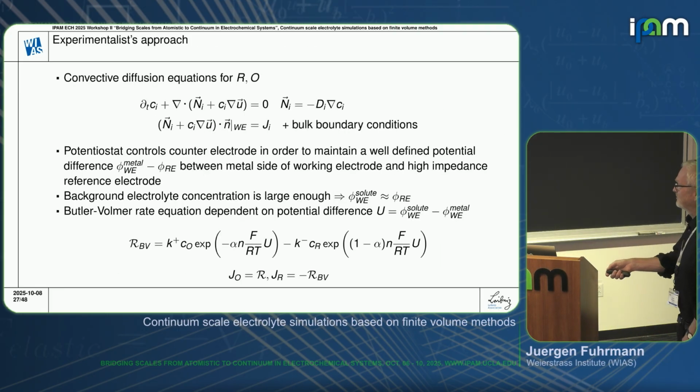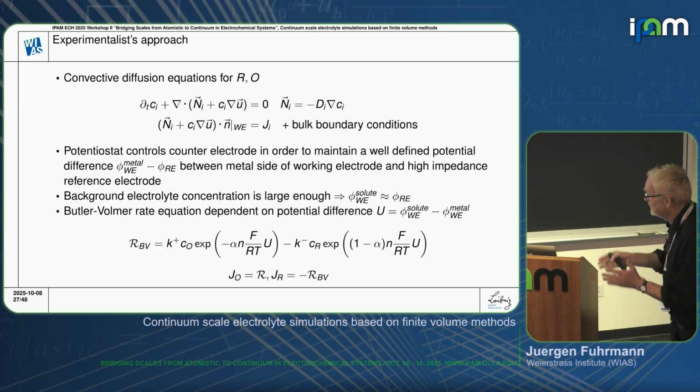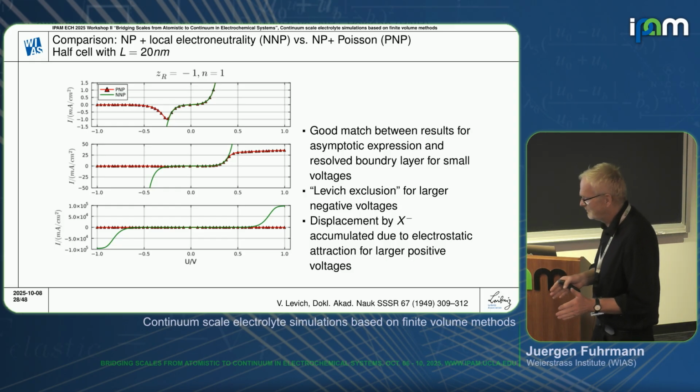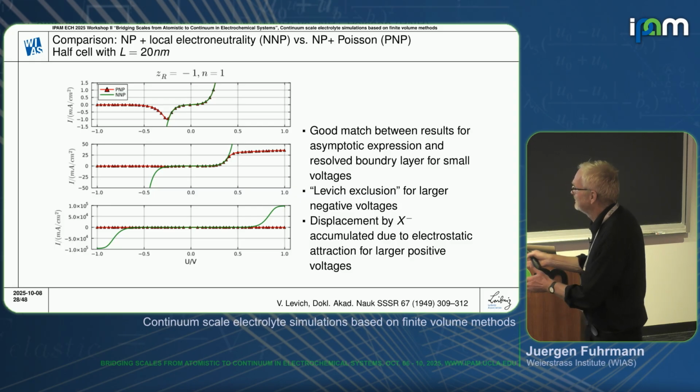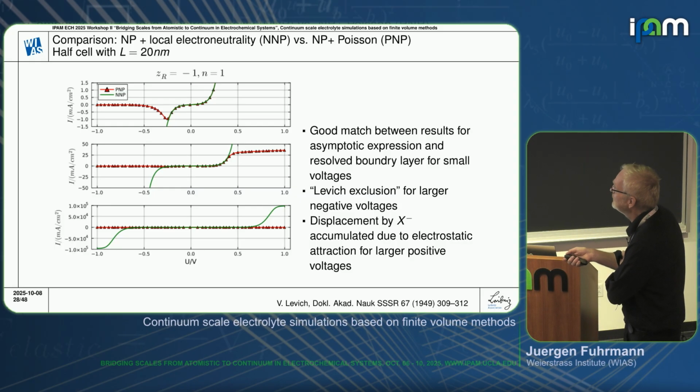Yeah, and then we get this Butler-Volmer rate equation, and this is the way we can make the link to electrochemical experimentation. So what I did is I tried out how this asymptotic transition from the double layer scale to the electroneutral scale plays out. These are applied potentials.